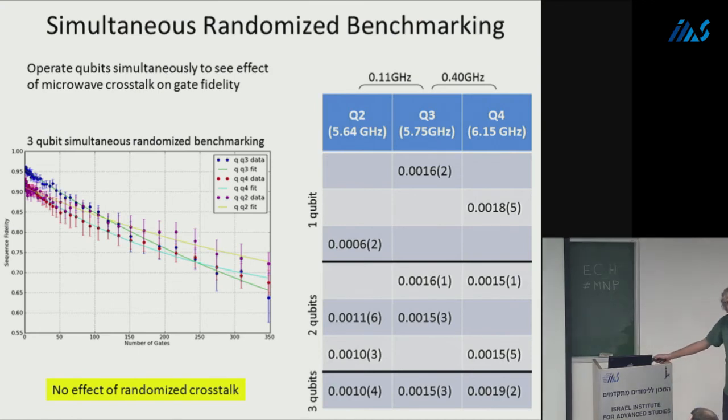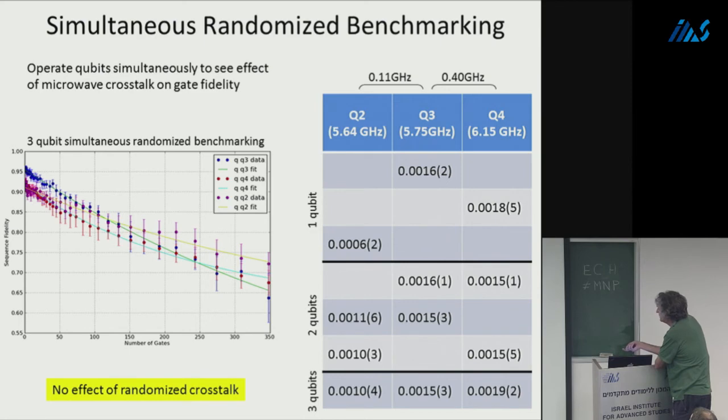How do you know you can operate lots of qubits at the same time? Right? I think Ray was mentioning that a lot of these measurements are single qubit measurements. They're hero measurements. This is basically the same data where we just did 1 qubit at a time, more or less the same data you saw there. And then we ran 2 qubits simultaneously with randomized benchmarks, and then 3 qubits simultaneously with randomized benchmarks.